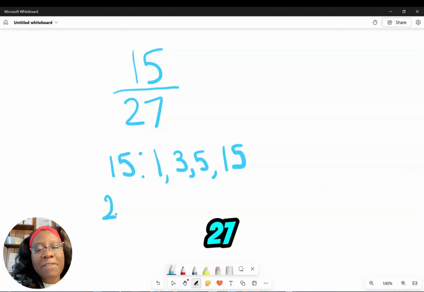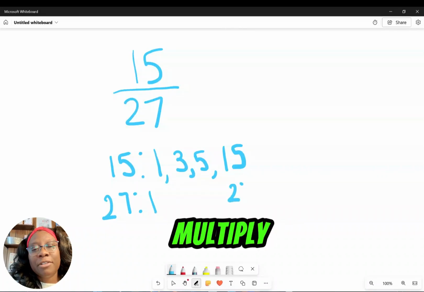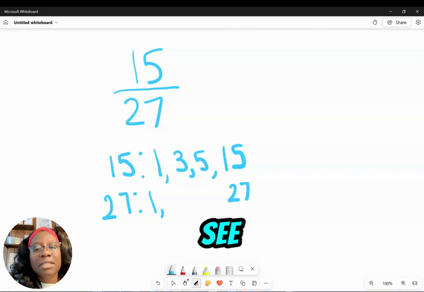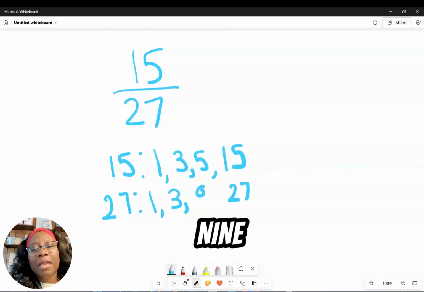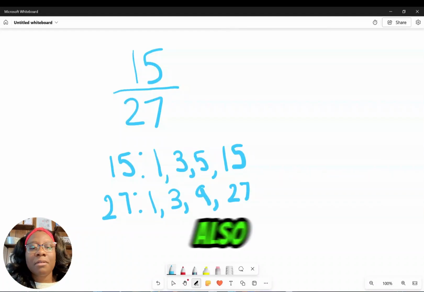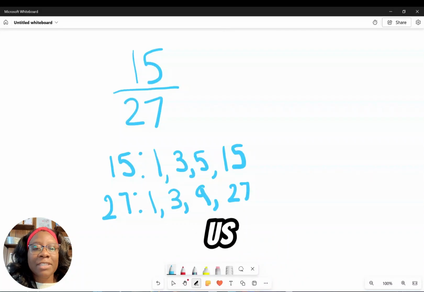Now let's do 27. Of course, we have 1 and 27. Any number multiplied by 1 is the same number. I also know that 3 and 9 multiply to give us a product of 27.